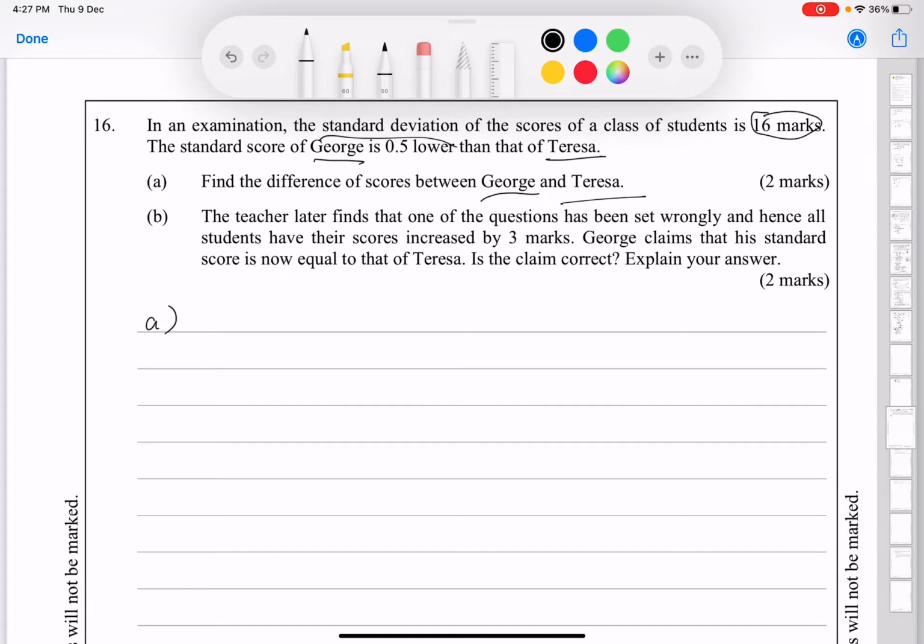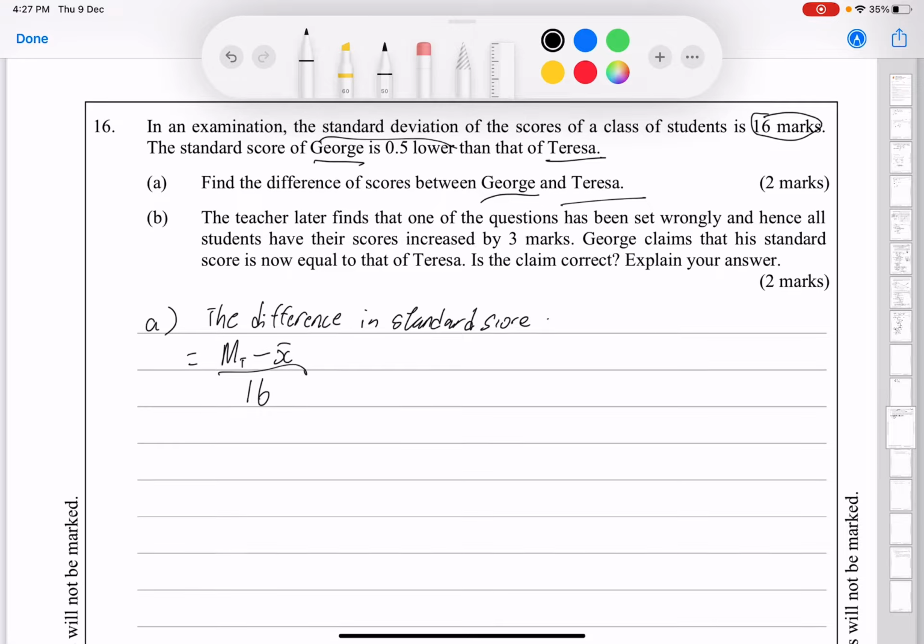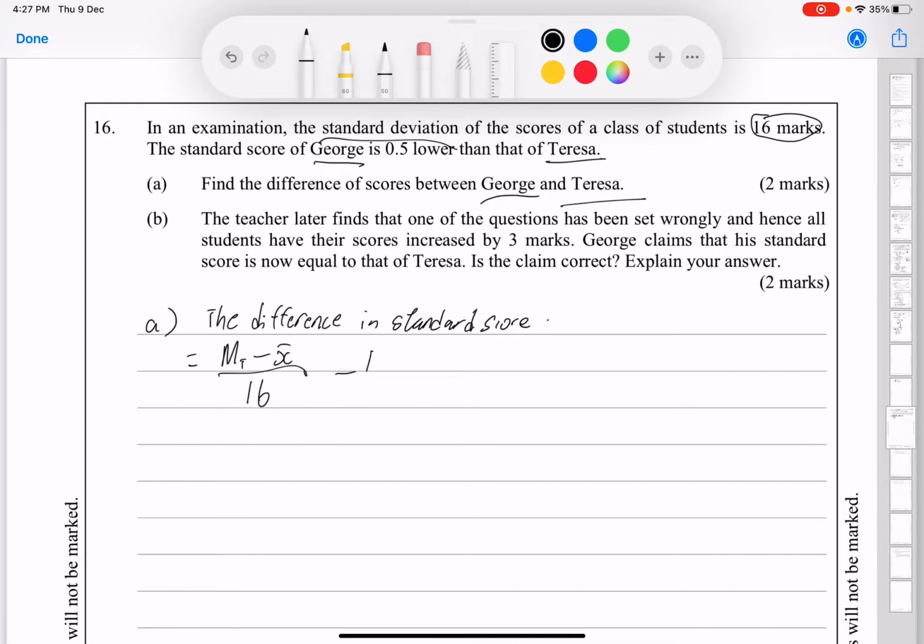So, the difference in standard score would be marks of Teresa minus the mean, divided by 16, which is the standard deviation, minus marks of George minus the mean, also divided by 16, equals 0.5, because the question has given us the number.